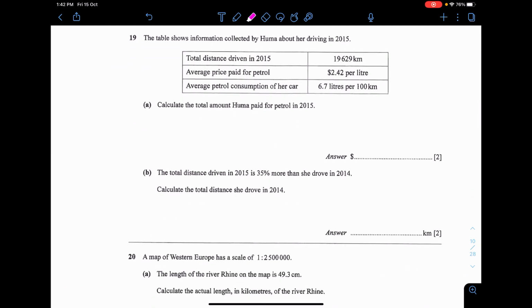Next, the table shows information collected by Huma about her driving. Total distance, amount of money spent per liter, consumption. Find out the total amount Huma paid in 2015. Consumption is 6.7 liters per 100 km. So you take 19,629 multiplied by 6.7 per 100 km. Give me a moment.